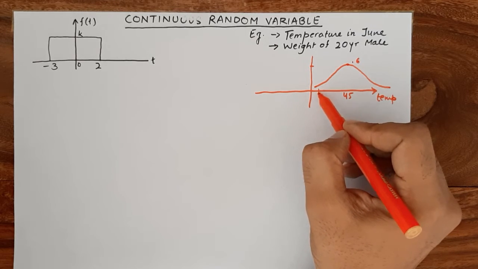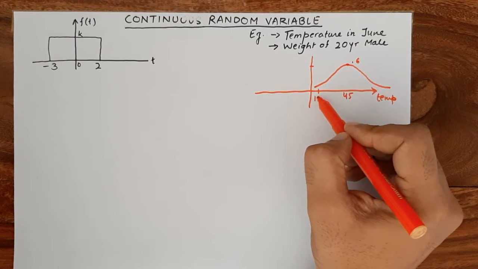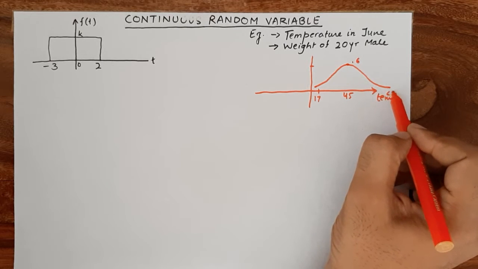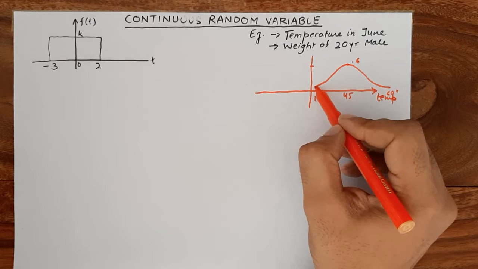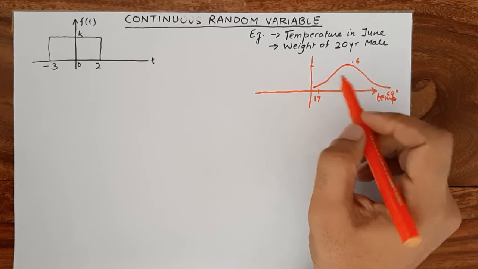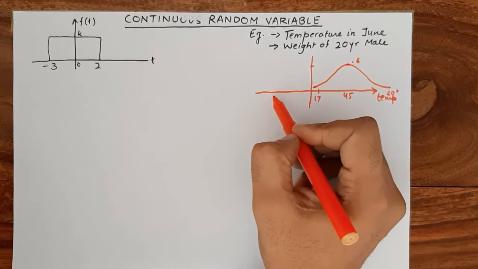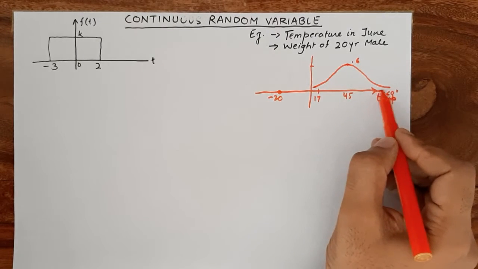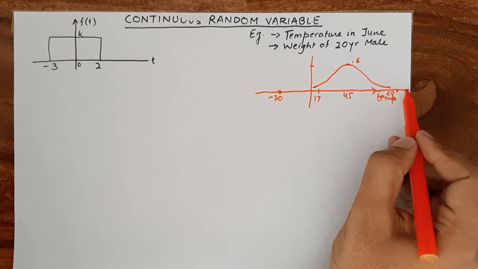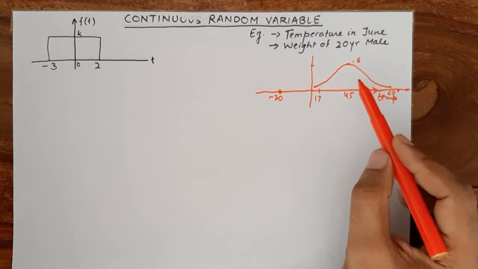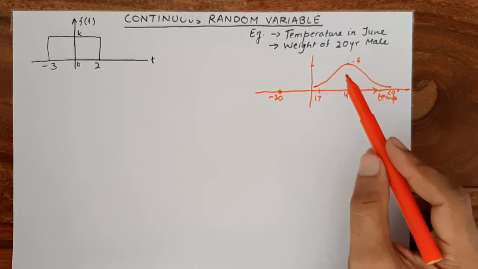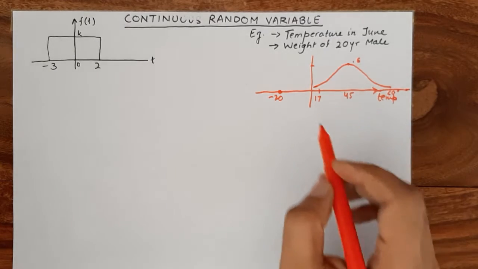Having a temperature of, let us say, 17 degrees, or 60 degrees is most unlikely, so you'll get a very small probability. Having a temperature of -20 degrees will be 0. Having a temperature greater than 60 degrees will also be 0. But the temperatures have probability throughout the range. So this is one example of a continuous random variable.